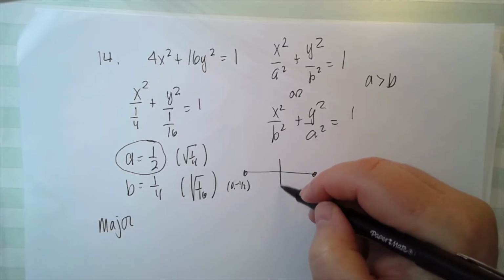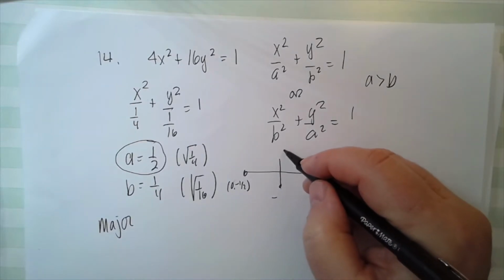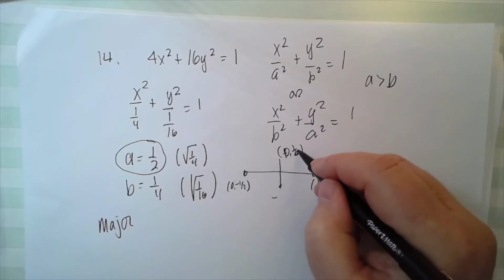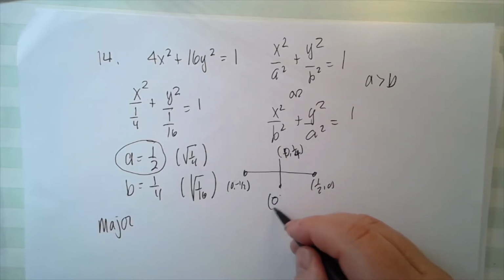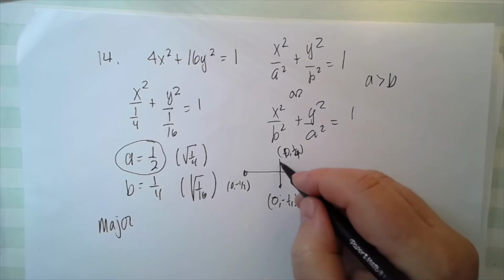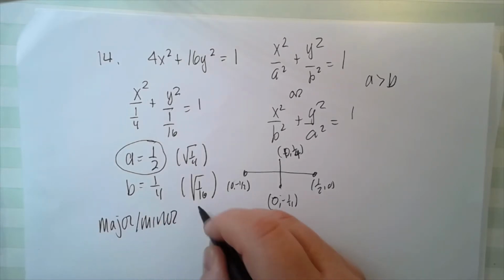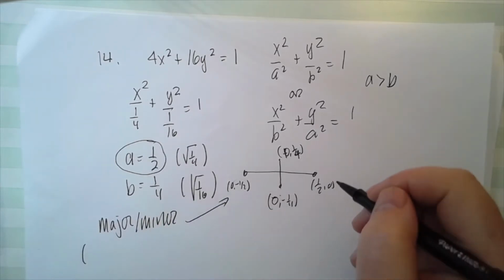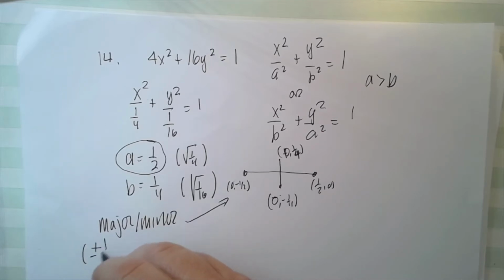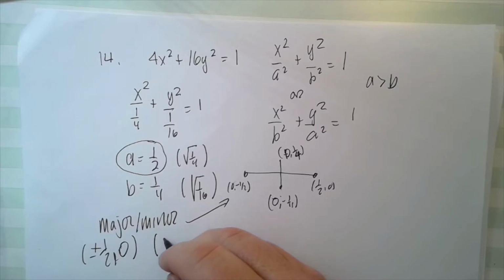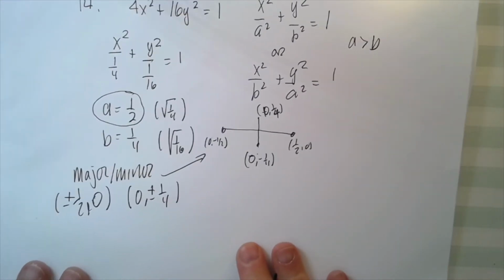And then our minor axis would be 0, 1/4, and 0, minus 1/4, like that. And where would our foci be? Well, major axis was plus and minus 1/2, 0, and minor axis is 0, plus and minus 1/4. Those are the endpoints of our major and minor axis.